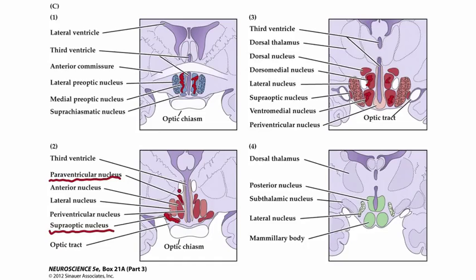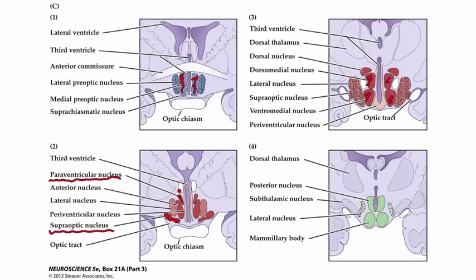I mentioned the paraventricular and supraoptic nuclei because these are the nuclei that have the neurons that grow their axons through the infundibulum, that is the stalk of the pituitary, and release hormones directly into the general circulation in the neurohypophysis, or the posterior part of the pituitary gland.